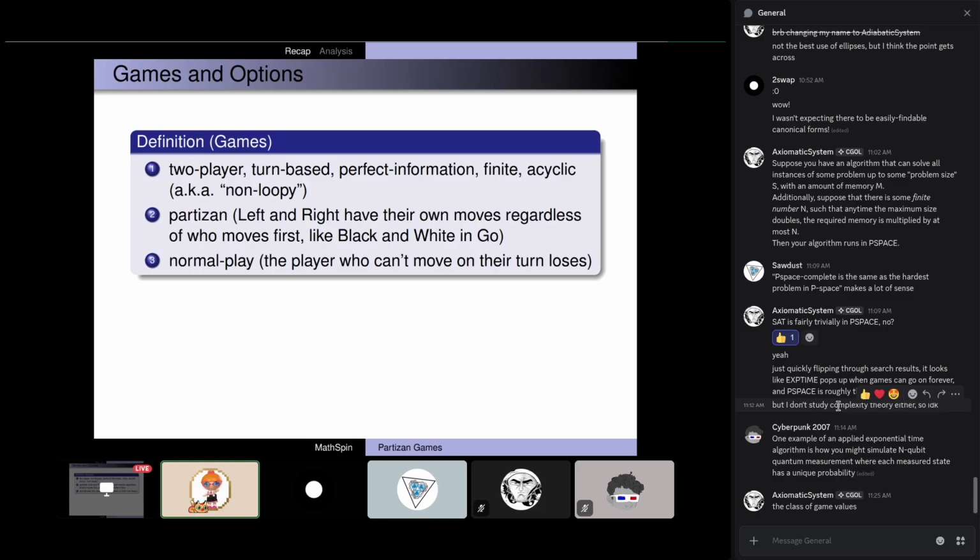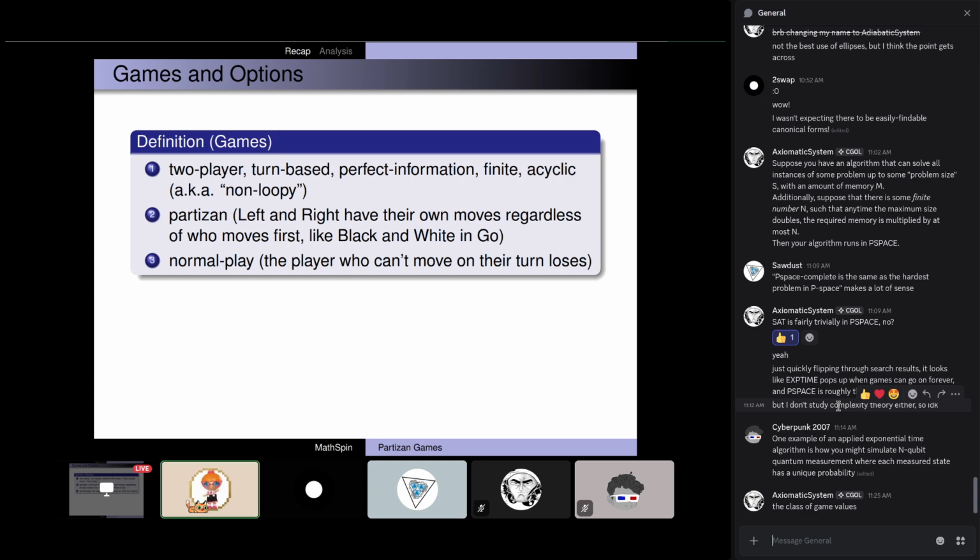Yeah, that's the thing that I was maybe saying too fast earlier. The vast majority of these games are not numbers, but some of them are like numbers. And the surreals are the ones that are like numbers when you take away the finiteness assumption. Got it.